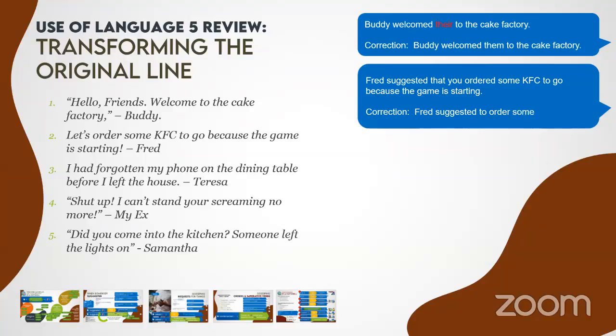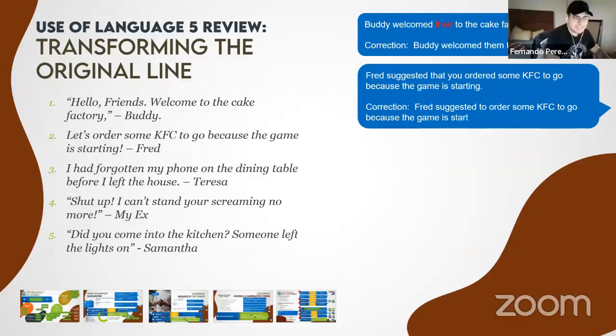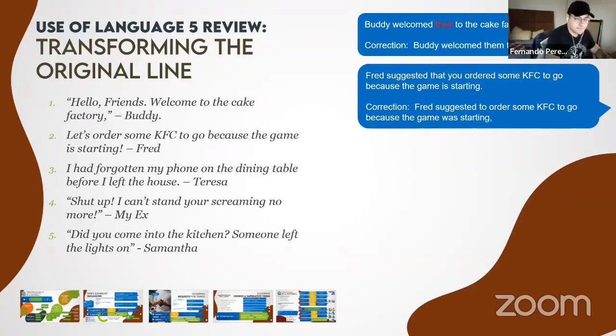Fred suggested to order some KFC to go because the game is starting. Is the game starting in this moment? It was starting. Exactly. Fred suggested to order some KFC to go because the game was starting. That's correct.